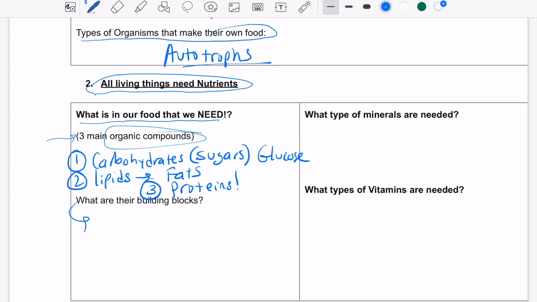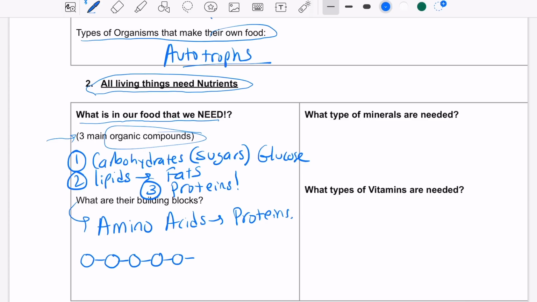The one that you are supposed to know is proteins. Amino acids make up proteins. Amino acids are smaller molecules that chain up together to make one large specific protein.